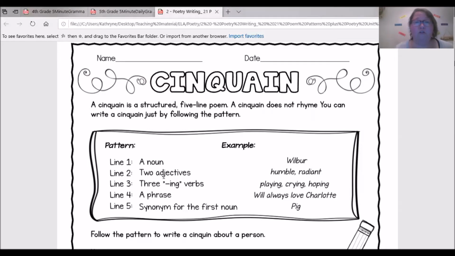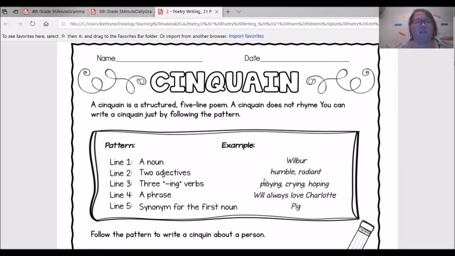Line two are two adjectives. Adjectives describe a noun. In this case, they use the adjectives humble and radiant. They could have used fat, pink, young, old, new, any color. Those are adjectives. Adjectives describe the noun, and it also can be like material, like metal or fabric or stuff like that.